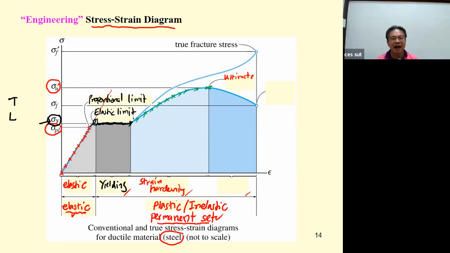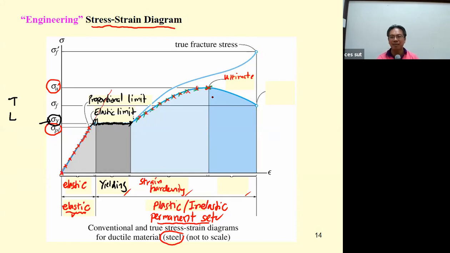It has a rearrangement of the grains in order, and when it reaches some point, it has more strength. It can take more forces, and then it reaches the ultimate.